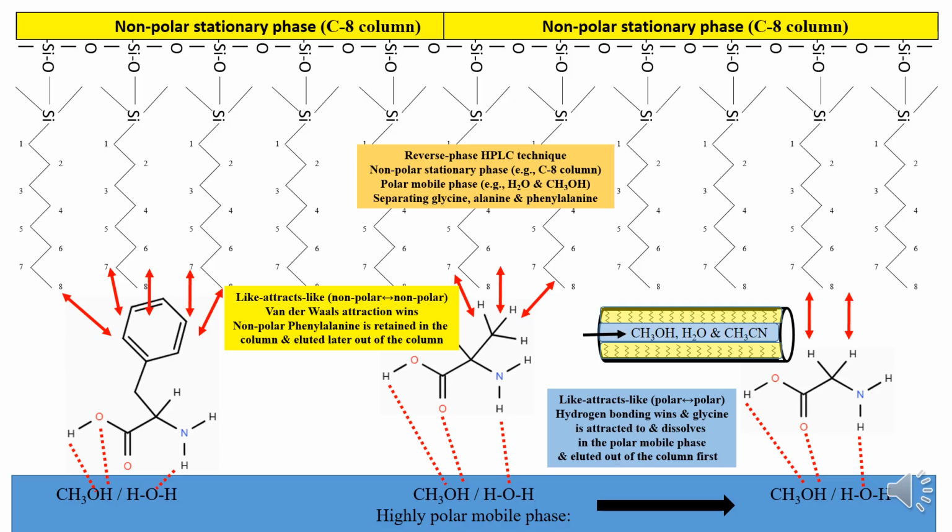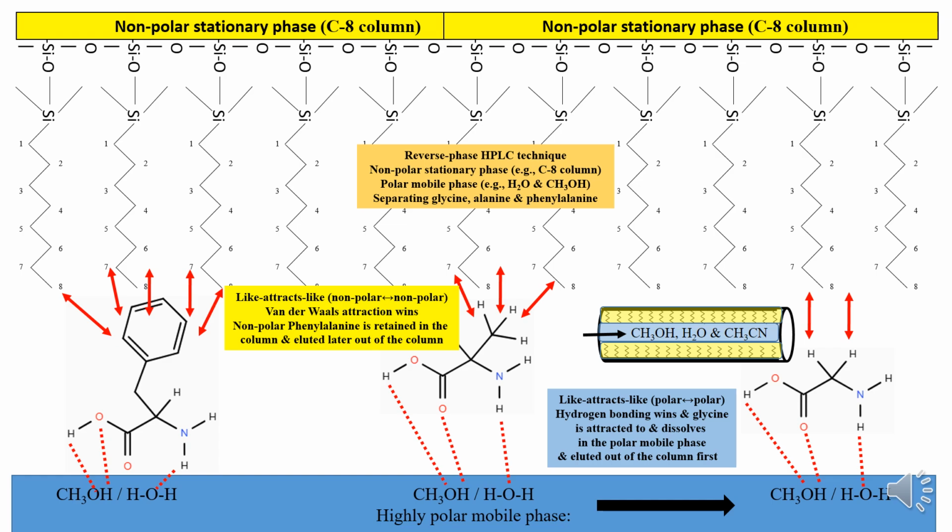While the glycine molecule, which is highly polar in nature, interacts with the polar mobile phase via polar-polar interaction. So hydrogen bonding wins the competition and glycine is attracted to the highly polar mobile phase. It dissolves in the polar mobile phase and is eluted out of the column first.